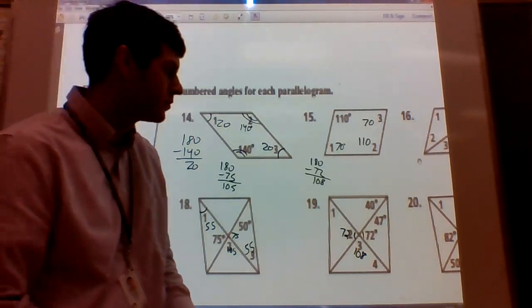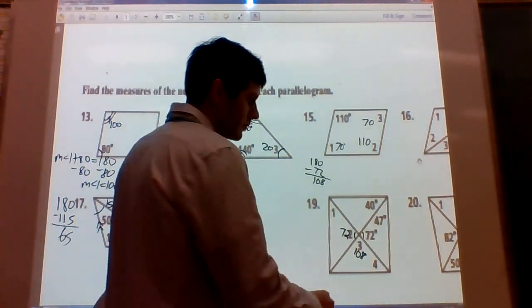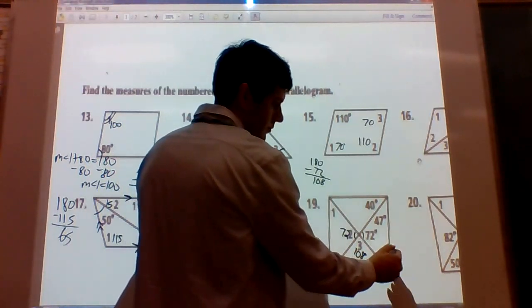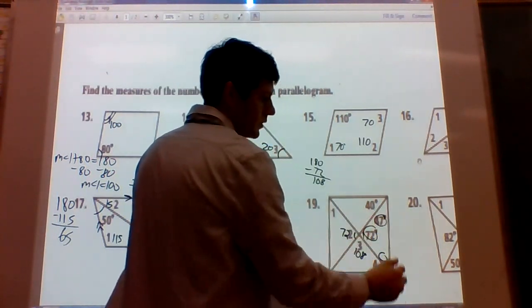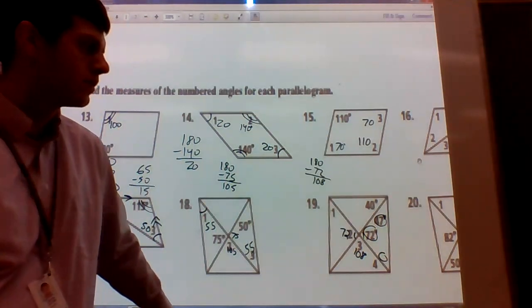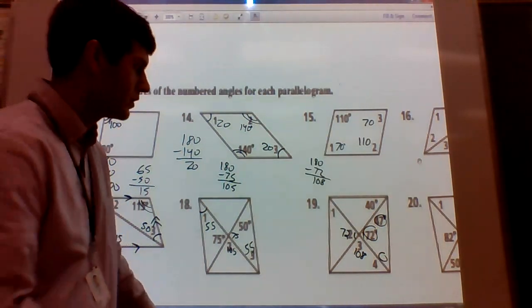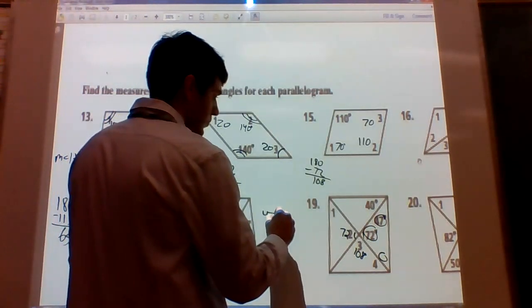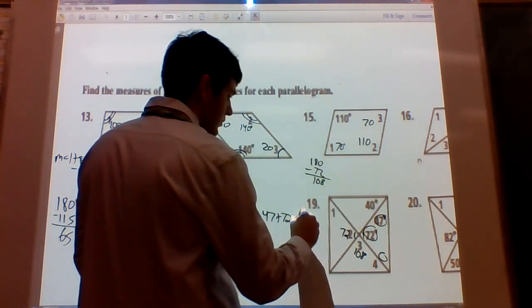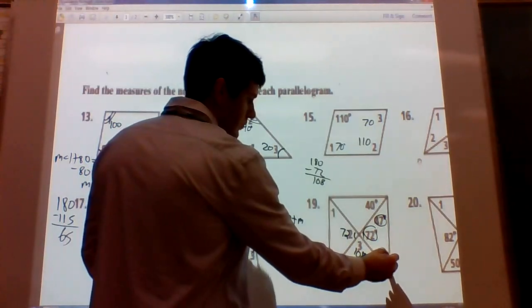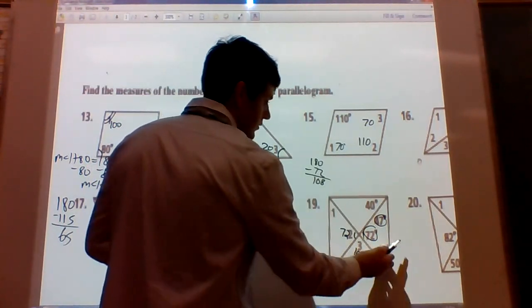We can figure out this angle right here, because we have these two angles in the triangle. Okay, so 47 plus 72 plus the measure of whatever that was called, x. I'm just going to put an x in there.